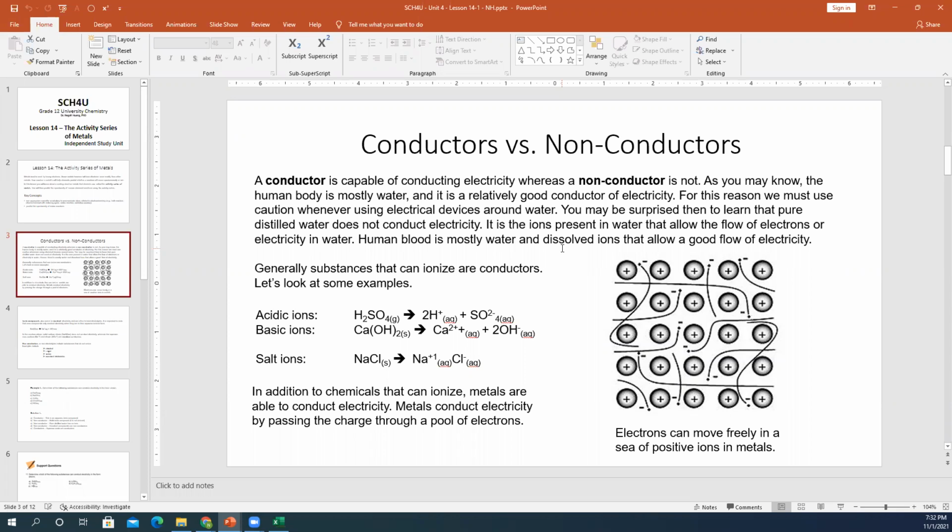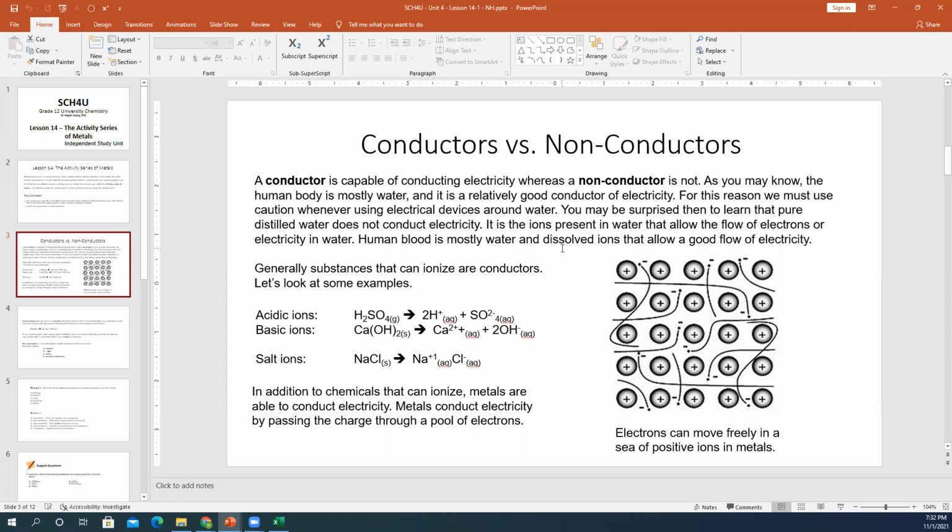It is the ions that are present in water, those impurities, any salts, any other molecules, those are what will allow for the flow of electrons or electricity in water. And human blood is mostly water and dissolved ions, and that allows for a very good flow of electrons and a good conduction of electricity.